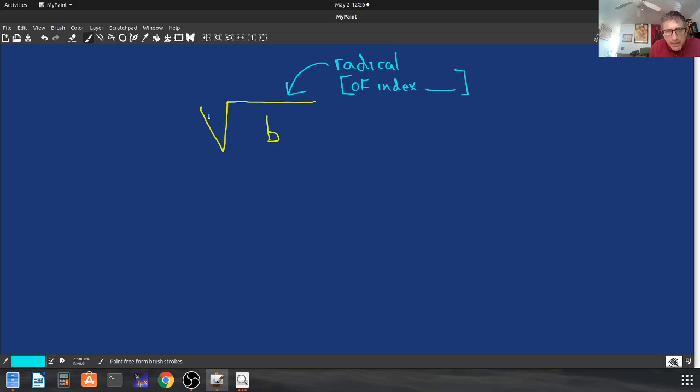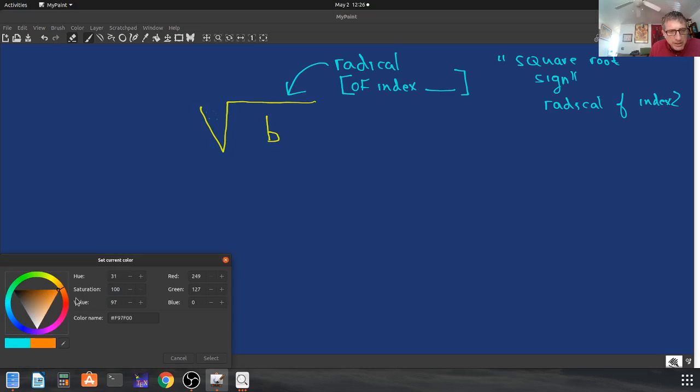And that blank will be a number right in there, like 2 or 3 or 4. But for right now, we're calling that the square root sign, which is the same thing as a radical sign of index 2. But we're not going to ever be writing this index here. Even when it's the square root, we can call it the square root sign, but it's really called the radical.